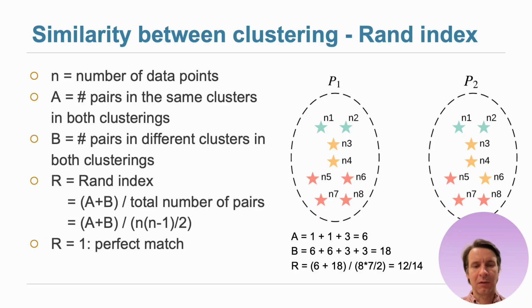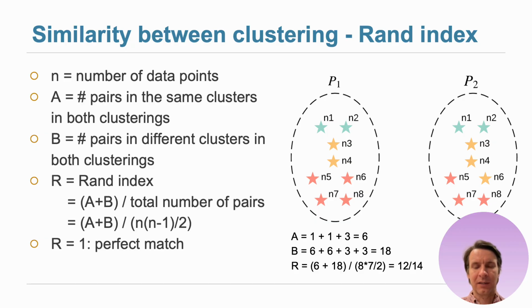Now we see how many pairs both of the clusterings agree on. It's A plus B: the number of pairs where both clusterings agree they should be in the same cluster, plus the number of pairs where both agree they should be in different clusters, divided by the number of pairs, n choose 2, which is n times n minus 1 over 2. If the clusterings are the same, then you get R equals 1.